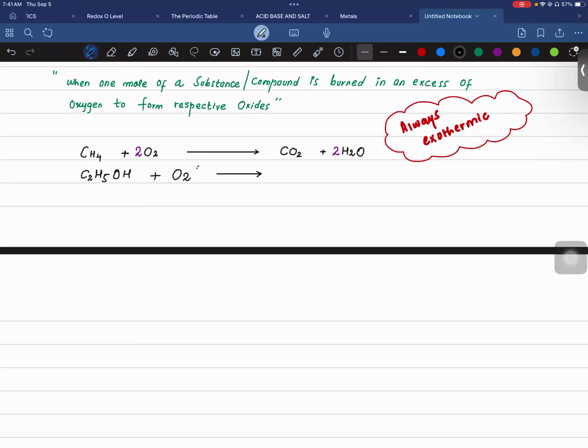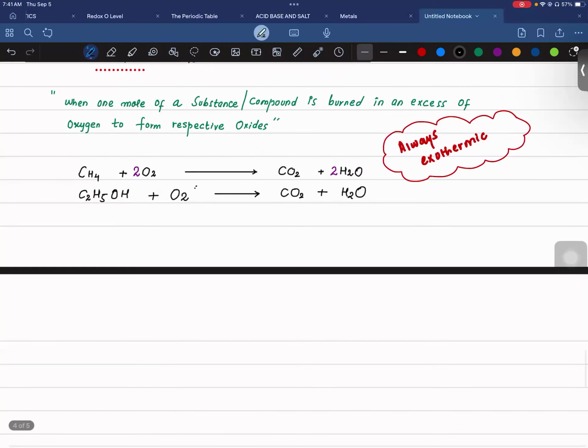The product, I'm not sure. Why? Because it should be dioxide and water. You must have oxides. So the oxide of carbon is carbon dioxide. The oxide of hydrogen is water. Okay, this is the product. Then you would be balancing this equation. Just like this. It should be 2.